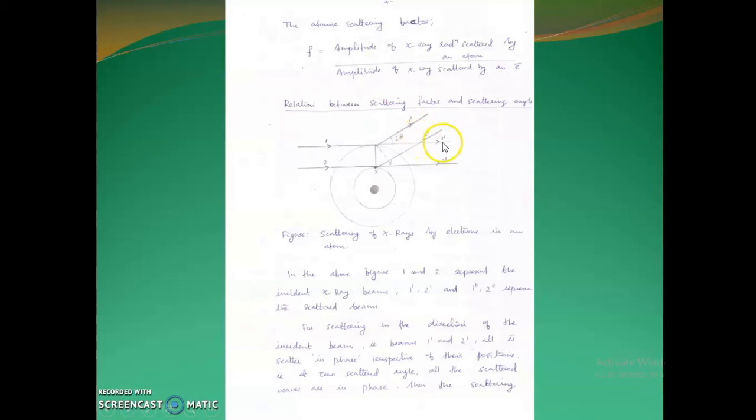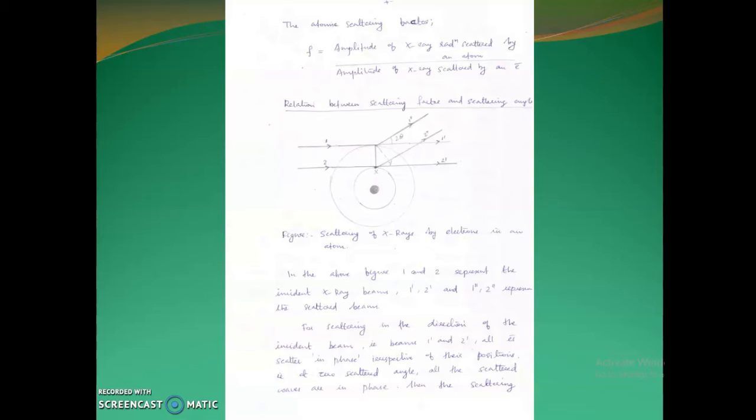So in the first case, when the scattering is represented by 1 prime 2 prime, the scattering is in phase. All the electrons scatter in phase irrespective of their positions. These 2 electrons are scattered in phase irrespective of their position. So the scattering angle is 0, theta is 0, and all the scattered waves are in phase.